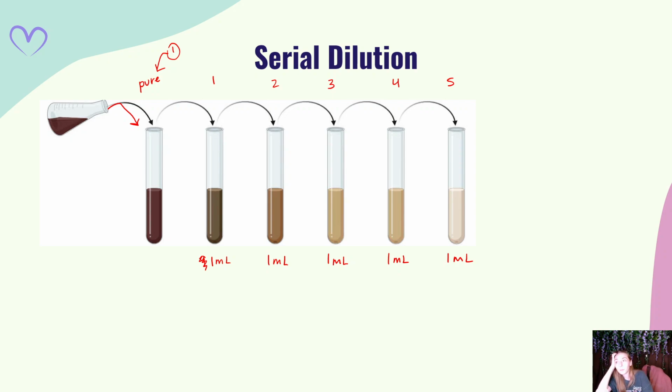Let's say that from my pure sample, I take 1 milliliter and I put 1 milliliter into here. And then I mix this 1 milliliter with this 1 milliliter. Well, I now have 1 milliliter of specimen to 1 milliliter of diluent, which is a 1:2 dilution. Let's say that I take 1 milliliter of this mixed up diluted specimen and I add 1 milliliter to this tube.